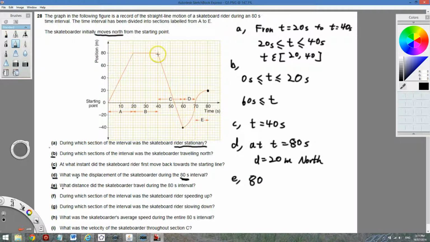Then it traveled back from 80 meters to minus 40 meters, so from 80 to 0, then from 0 to minus 40. That's 120 meters. Then it traveled 40 meters and another 20 meters. So add them up, it will be 260 meters.